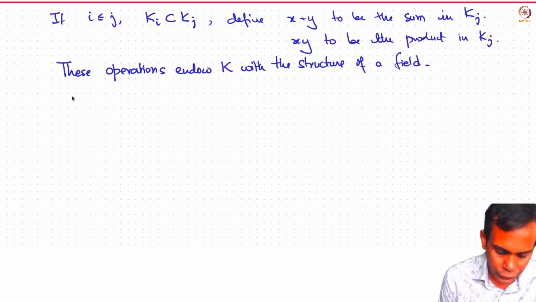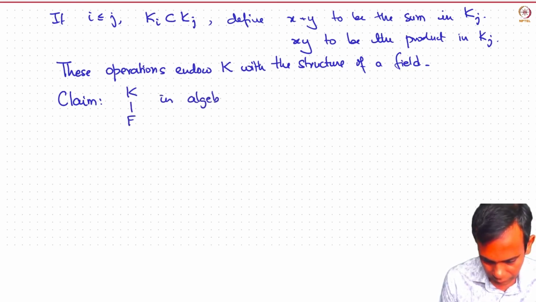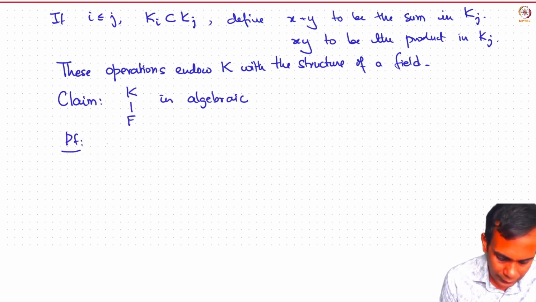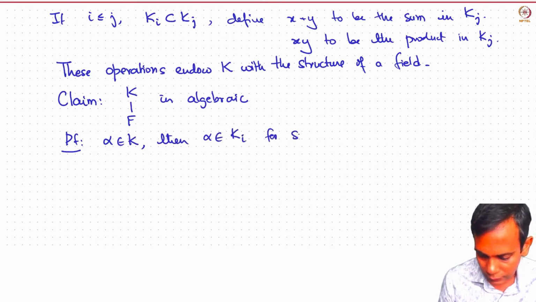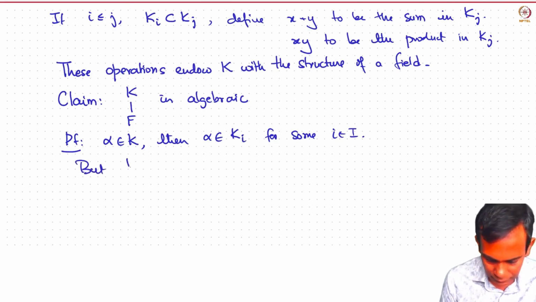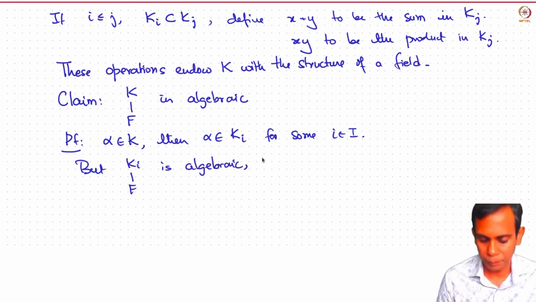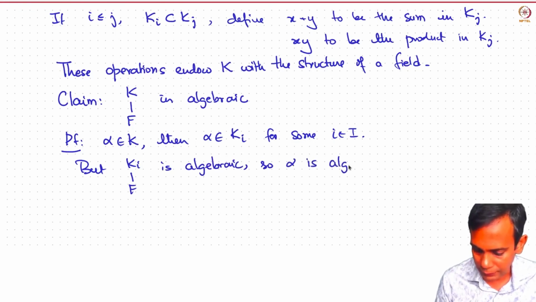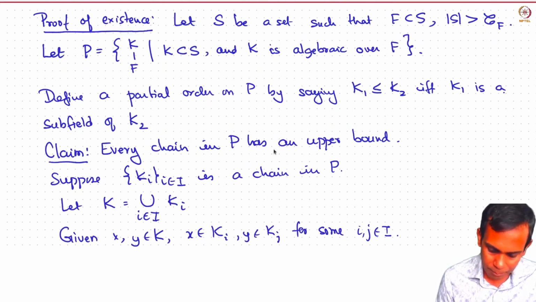Now, I need to show that K is algebraic over F. But this is easy because if you take any alpha belonging to K, then alpha belongs to Ki for some i in I. But Ki is algebraic over F, so alpha is algebraic over F. And so every chain in P has an upper bound.